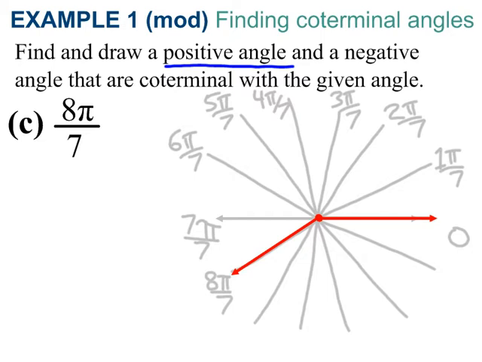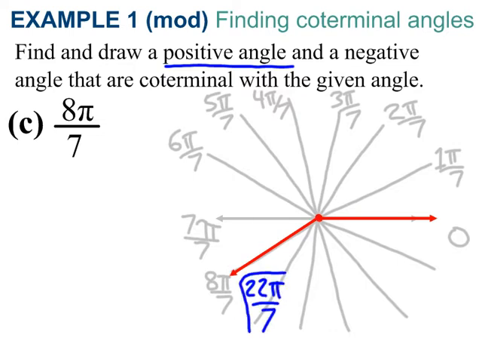All right, so for the first part of this request, to draw a positive angle that is coterminal with that 8 pi over 7, I would simply need to take this 8 pi over 7 itself, which is already positive, but if I continue going in the positive direction, 9 pi over 7, 10 pi over 7, 11, 12, 13, 14 pi over 7. That makes sense because 14 pi over 7 reduces to 2 pi. 15, 16, 17, 18, 19, 20, 21, 22 pi over 7 represents a full round trip, and so I write 22 pi over 7.